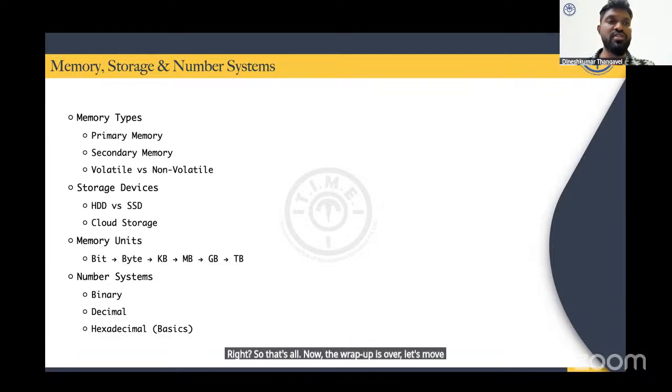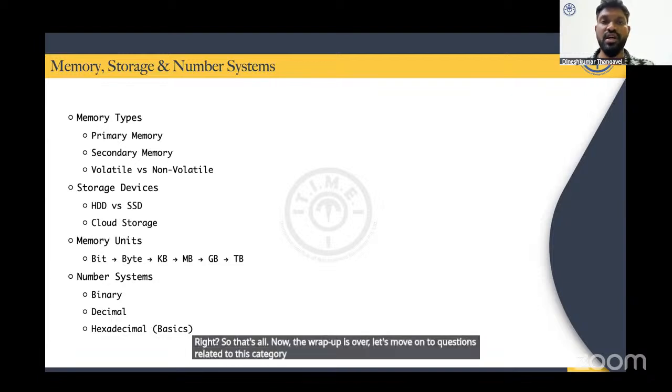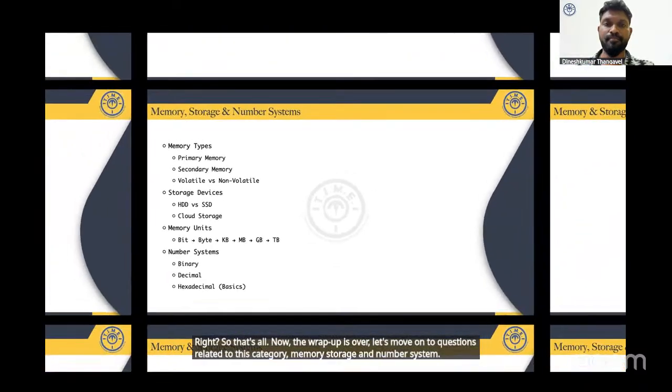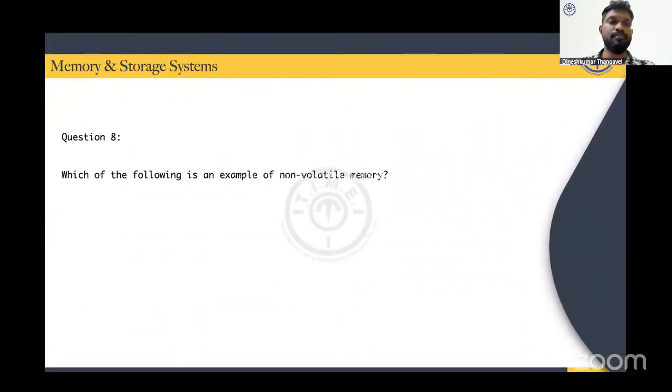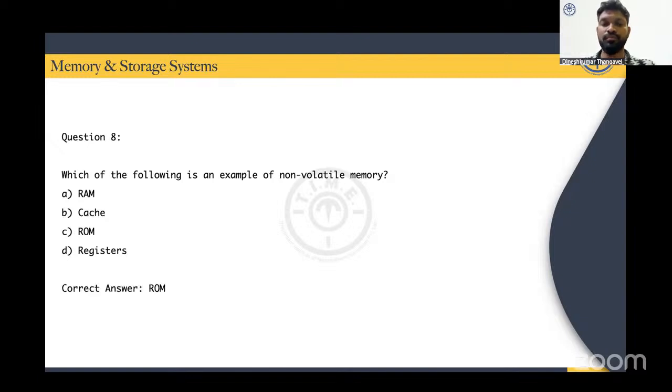Let's move on to questions related to this category, memory storage and number system. We talked about volatile and non-volatile. Now the question comes: which of the following is not a volatile memory? It's a very direct question, right?